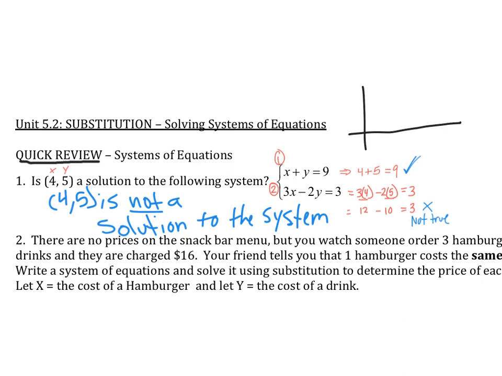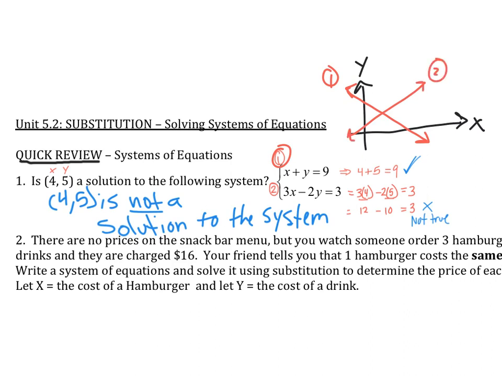So what this looks like on a graph, and there's a way to check it on the graph, is the first equation, equation number 1, x plus y equals 9. So that graphs some sort of line that probably looks like this. So let's say that's equation number 1 on a graph if we were to graph it. I'm just doing a quick sketch right now. And then let's say we graphed equation number 2. So equation number 2 probably looks something like this.